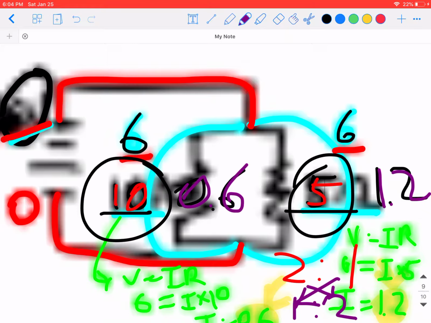So that's basically how you would solve every circuit problem. Make sure that whenever you're going through resistors in parallel, they will have voltages that are equal. So V must equal IR, but V stays the same when you're going through that.